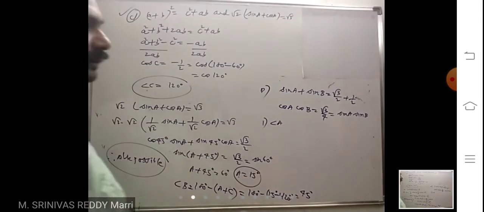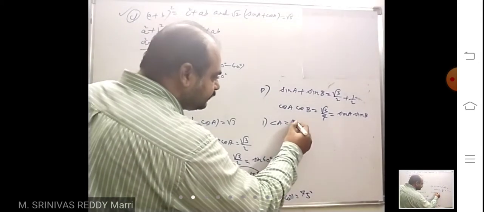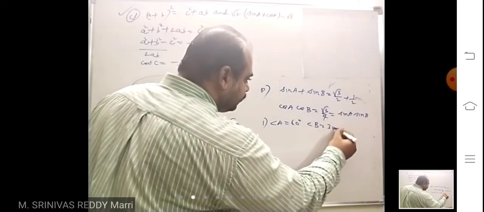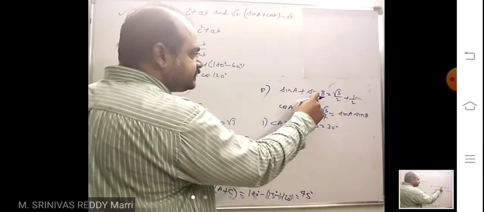Angle A is 60 degrees. Angle B is 30 degrees. Look here, this is √3 by 2. This is 1 by 2.